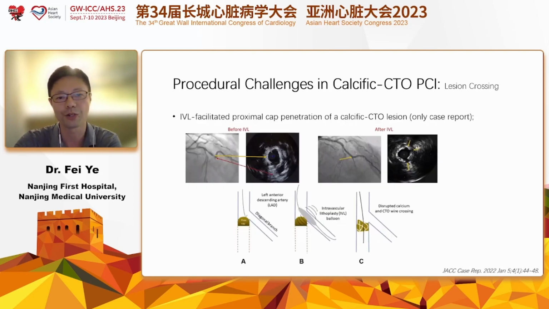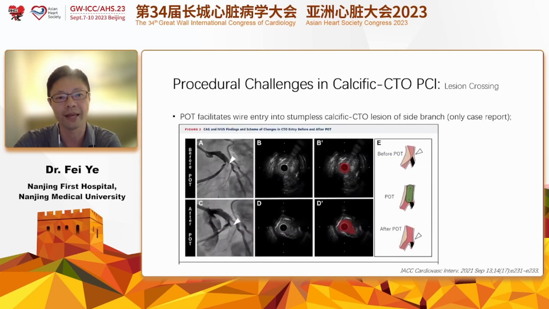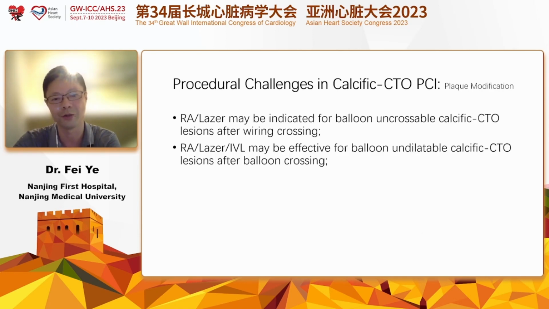Another very interesting tool is IVL, whose tactic is used for CTO wire crossing. For procedural challenges in calcified CTO lesions, rota or laser after wire crossing, or IVL after balloon crossing is very, very useful.